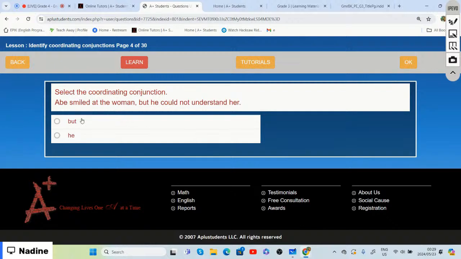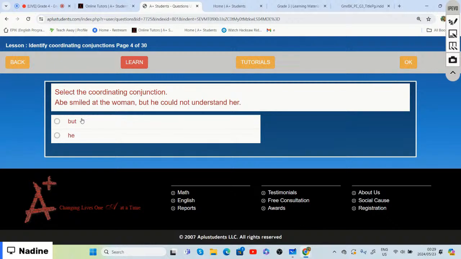Abe smiled at the woman, but he could not understand her. Is it but or is it he?